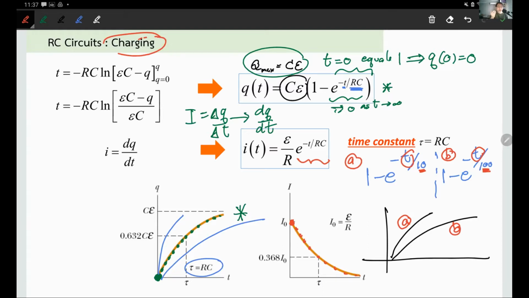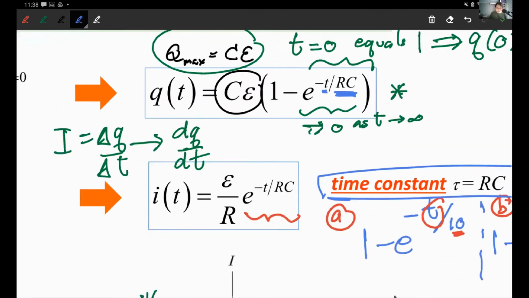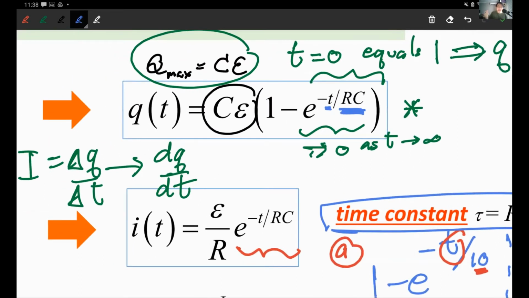So that's why RC is the indicator of how fast the exponential will grow or diminish. That's why we name this RC the time constant, because it's the constant of the circuit that tells you how fast things should get charged up, or eventually you'll see the discharging process. Same idea. So the take-home conclusion is: we know it's exponential in nature.